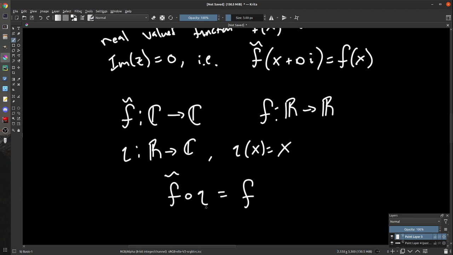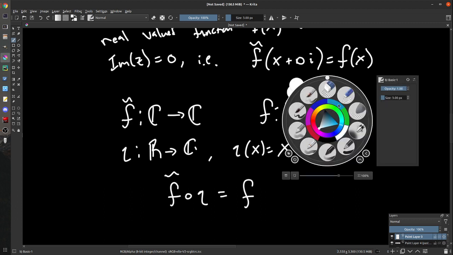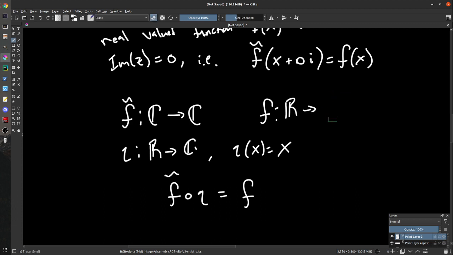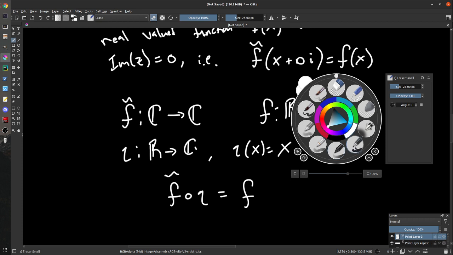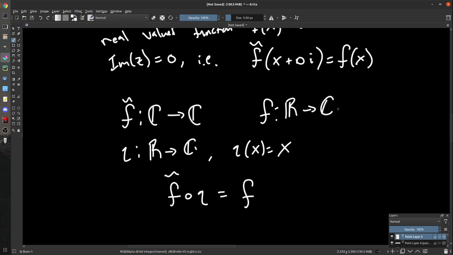So if I take this little adapter, go from R over to C, and then C over to C, and then maybe I should be clearer here because we also need to send f over into C. Whether we want to say that this goes to C or use multiple different inclusions is not too important, but you get the gist of it.